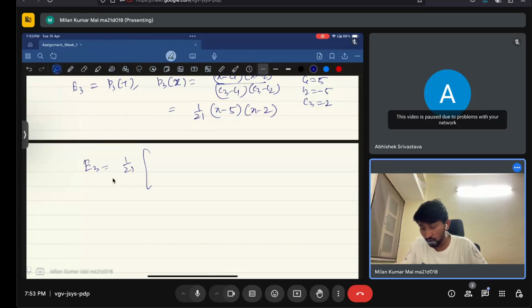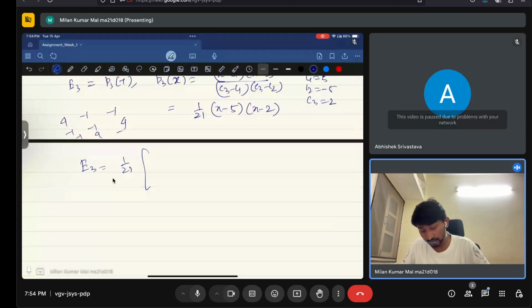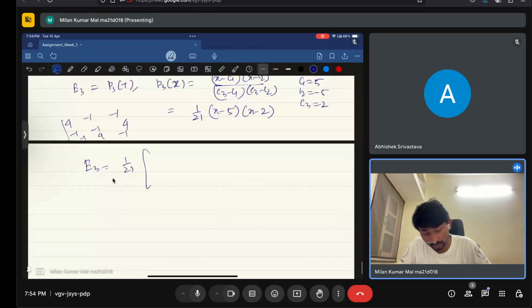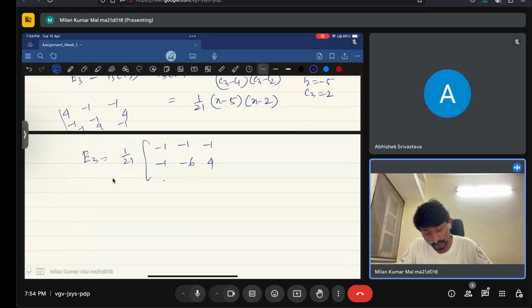The matrix was, I am just writing it to make it easy: 4 minus 1 minus 1, minus 1 4 minus 1, minus 1 minus 1 4. So this will be 4 minus 5, that is minus 1, next minus 1, minus 1, minus 6, 4, minus 1, 4, minus 6.